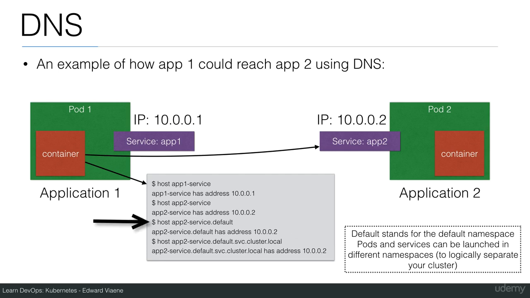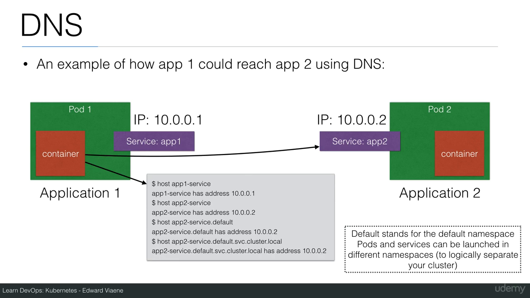If you would want to specify a namespace, then you just do a DNS lookup of app2-service.default, where default is the namespace. If you want to do a lookup on the full hostname, the full hostname is actually the name of the service, dot the namespace, dot svc for service, dot cluster dot local, and this whole hostname also resolves to 10.0.0.2.